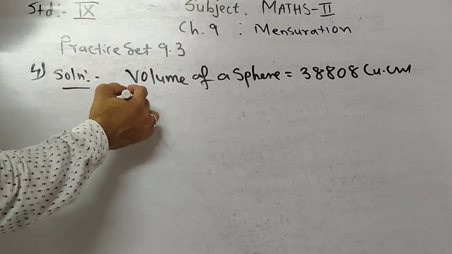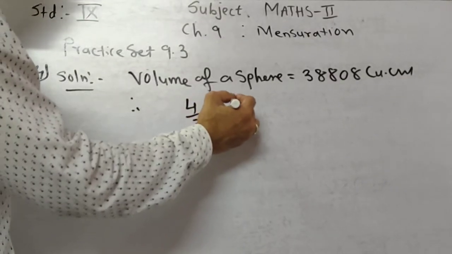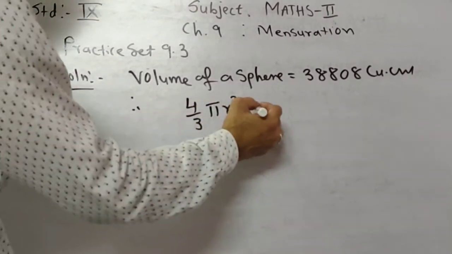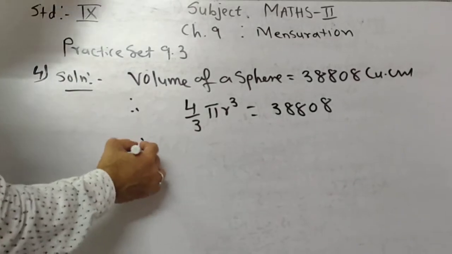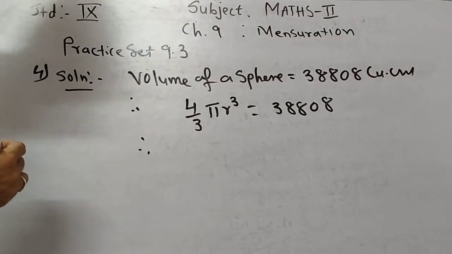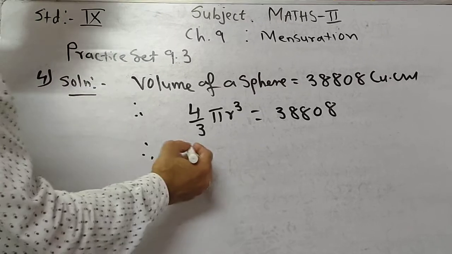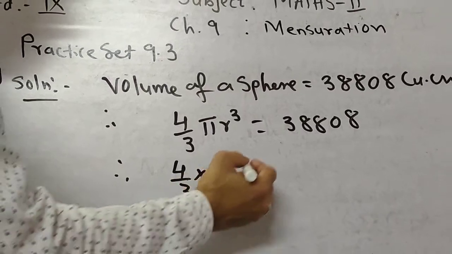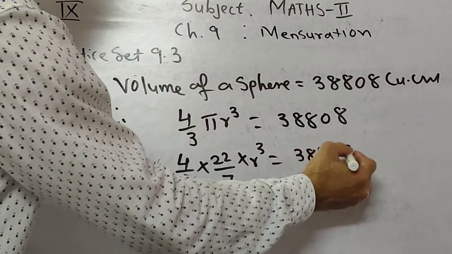Okay, so the volume formula is 4 upon 3 pi r cube, that is equal to 38808. The pi value is given as 22 upon 7. So 4 upon 3 multiplied by 22 upon 7 into r cube is equal to 38808.